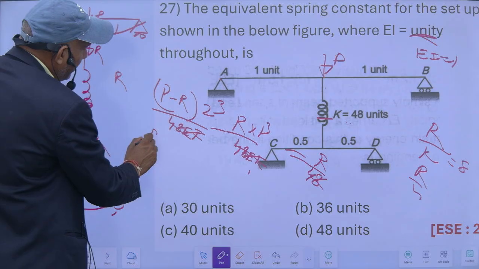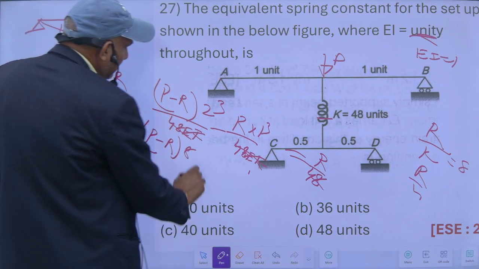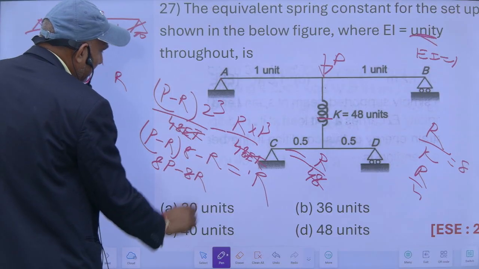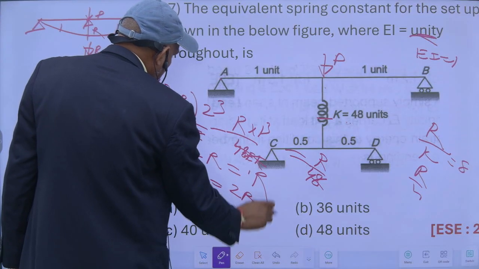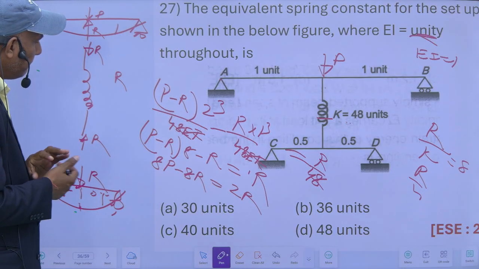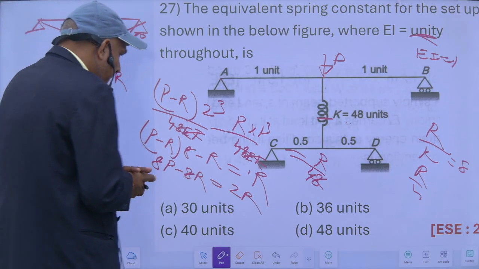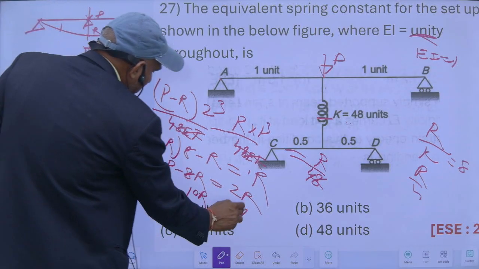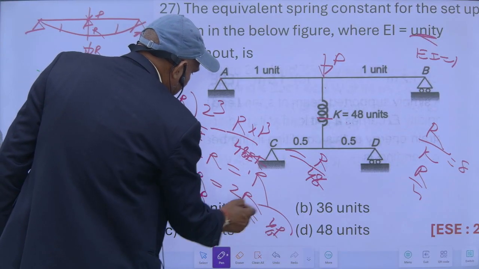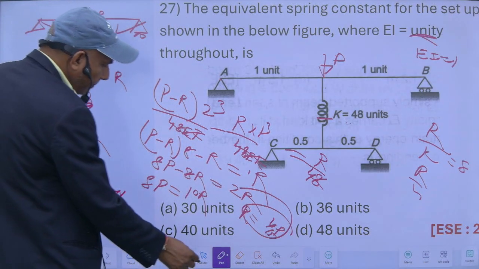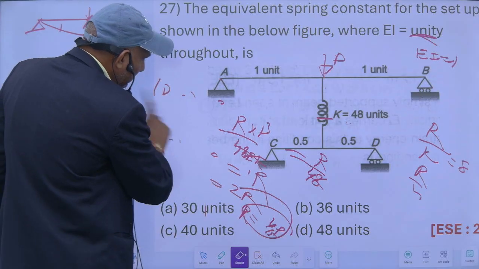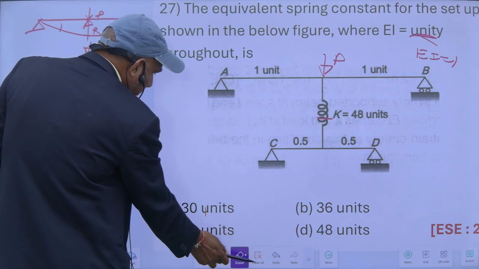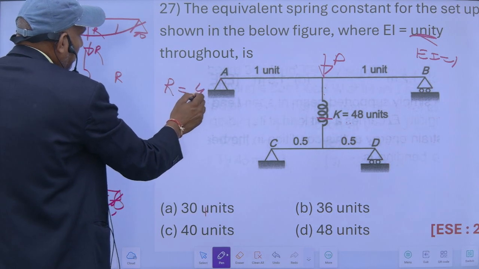So this will be P minus R into 8 minus R is equal to R. So this will be 8P minus 8R is equal to 2R, and this 8P is equal to 10R, means R is equal to 8 by 10, means 4 by 5 P. So R is equal to 4 by 5 P. So this reaction R is equal to 4 by 5 P.